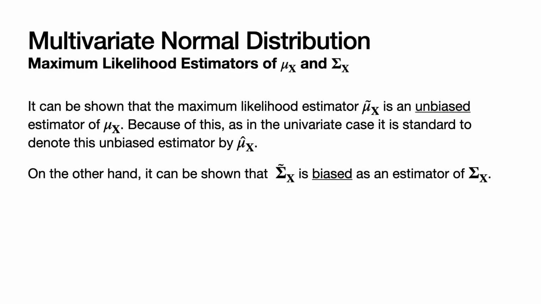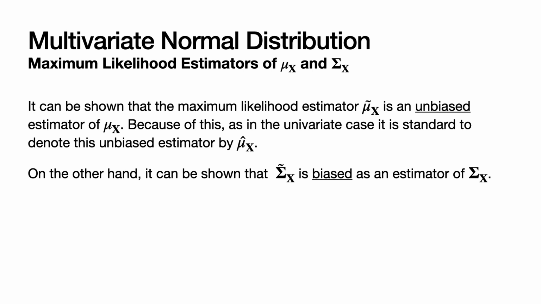Next, we evaluate these maximum likelihood estimators from the standpoint of bias and make adjustments where necessary to obtain estimators that are unbiased. It can be shown that the maximum likelihood estimator, μ tilde sub x, is an unbiased estimator of the mean vector, μ_x.